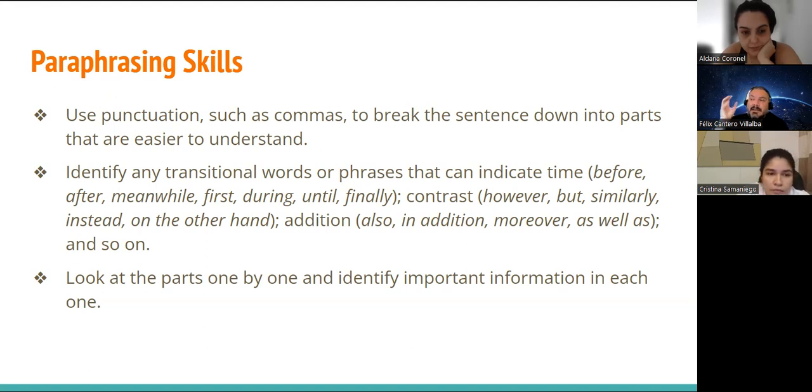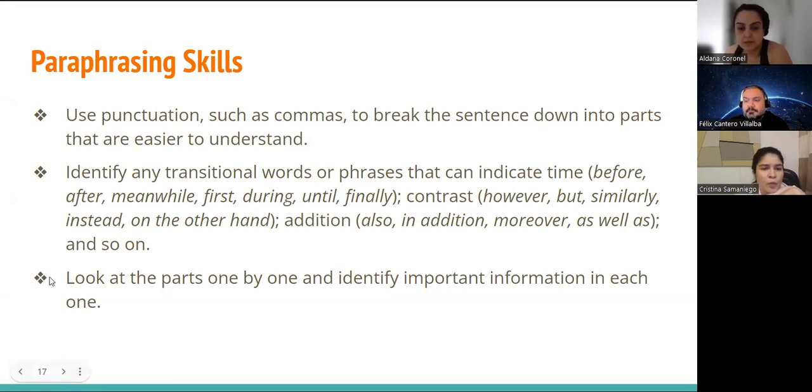Our transitional words are key for us to understand whether this is a repetition of things that are similar, whether this is contrasting two things, or whether this is talking about a timeline. If we pay attention to our transitional words, we will know.